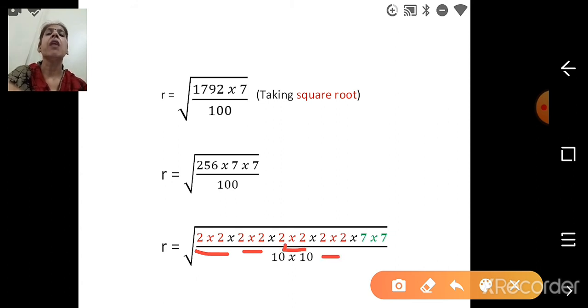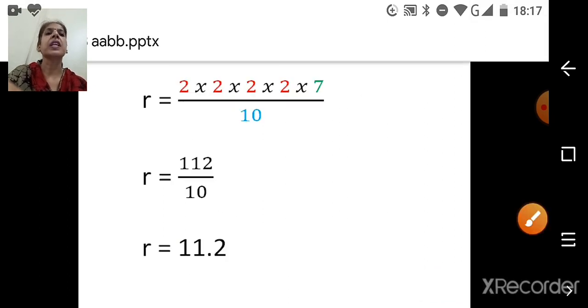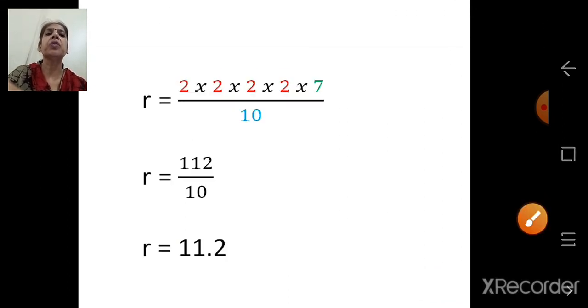And 7 is already in pair, 10 is already in pair. If you follow this way, first find the factors, arrange them in pairs, and take them out of the root sign, our root sign will go. So it is 2 into 2 into 2 into 2 into 7 upon 10.